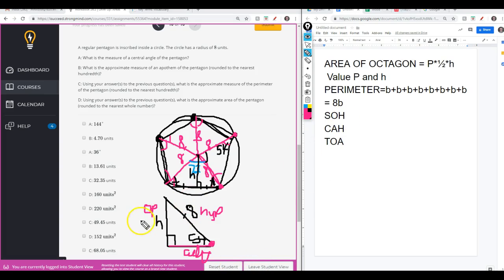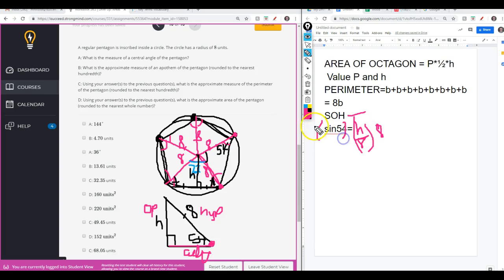So now I'm going, okay, well, I want the opposite side length and I have the hypotenuse. So sine is the opposite over hypotenuse. Alright, it has both of those side lengths in it, so that's the one I'm going to be using. So we have sine of 54 degrees is equal to h over 8, the opposite divided by the hypotenuse. So h is being divided by 8. Again, we're going to use the inverse operation.